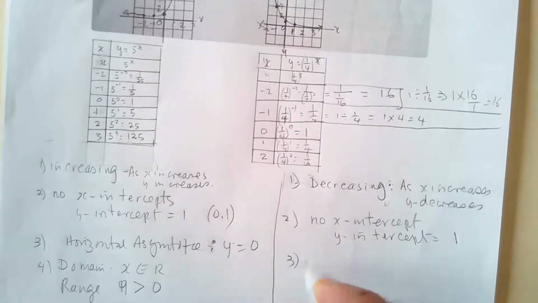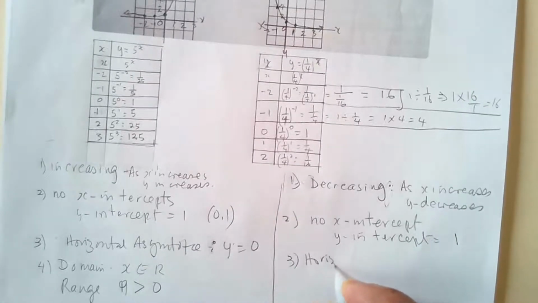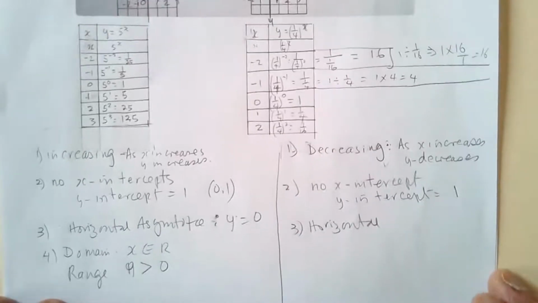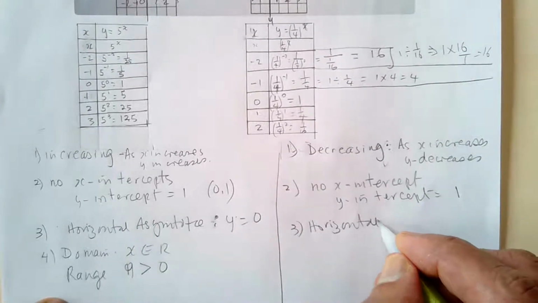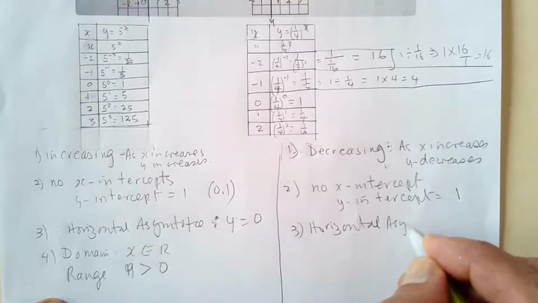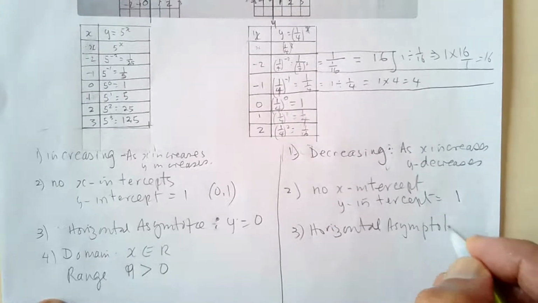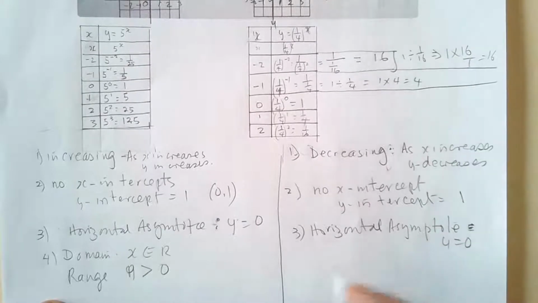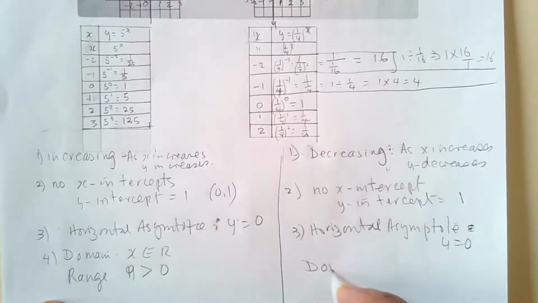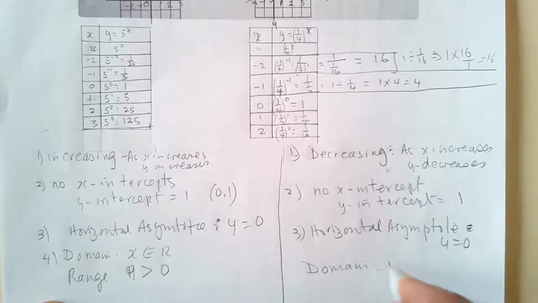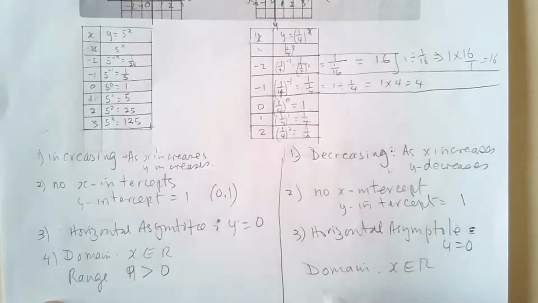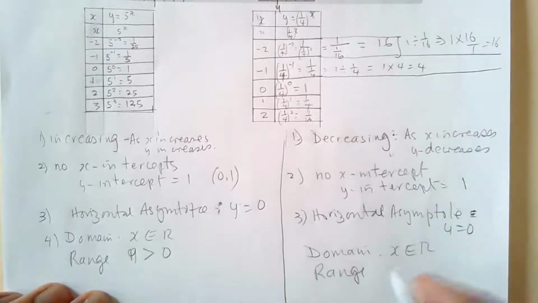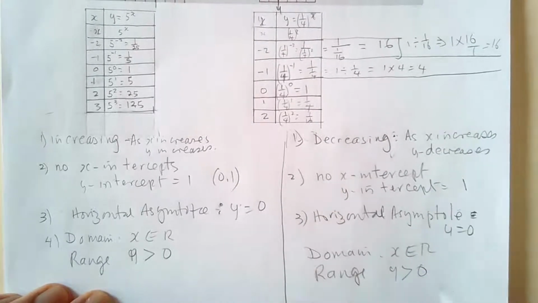Horizontal asymptote y equals 0. Domain, x is the set of real numbers, and the range, y is greater than 0.